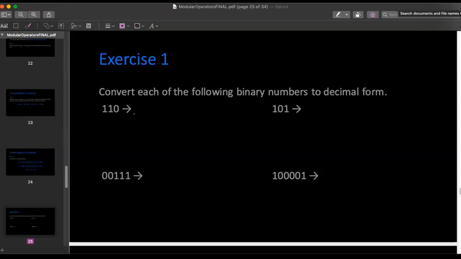So if we break the number apart, 0 times 2 to the 0th power is 0. 1 times 2 to the first power is 2. And the other one in the hundredth place times 2 to the power of 2 is 4. So when you add 4, 2, and 0 together, you get 6.